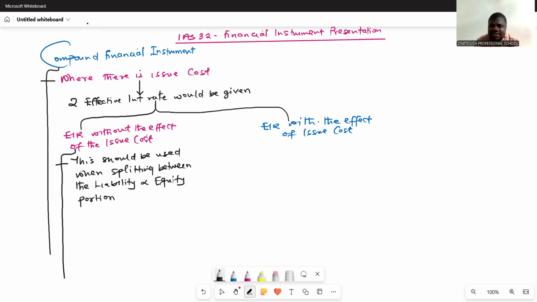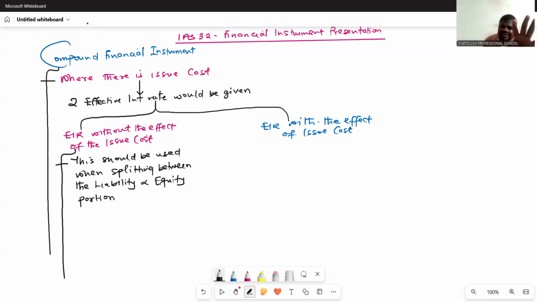Then we deduct, so we get a revised liability portion and a revised equity portion. And the liability portion should be measured at amortized cost. So because we have deducted the issue cost, when we are amortizing, we need to use the effective interest rate with the effect of the issue cost. Did you understand? I'll write everything for you, so you just relax.